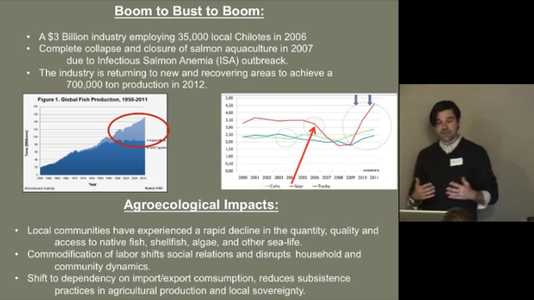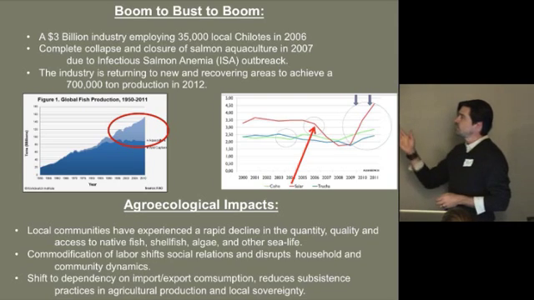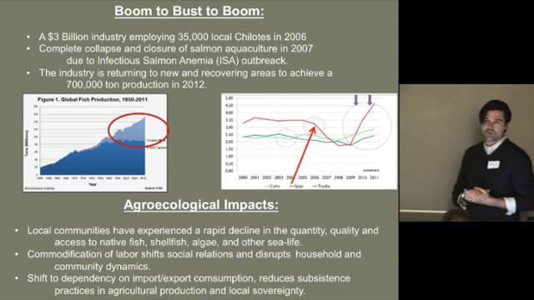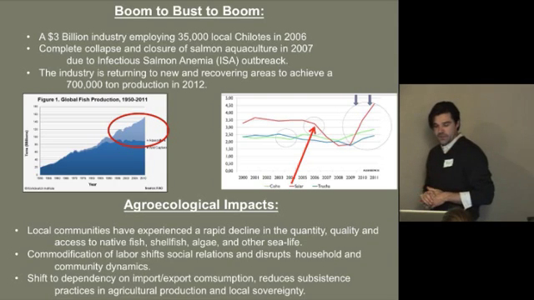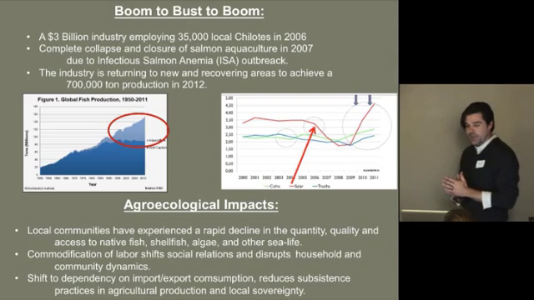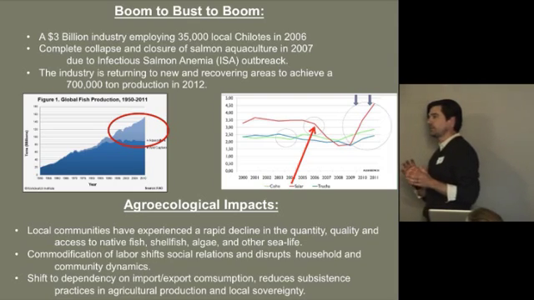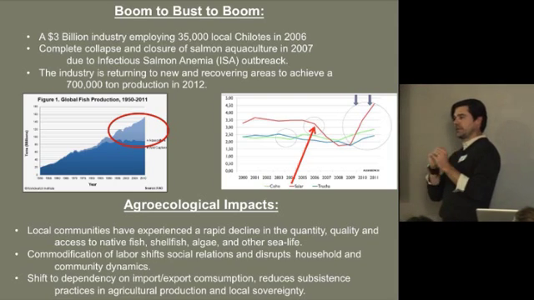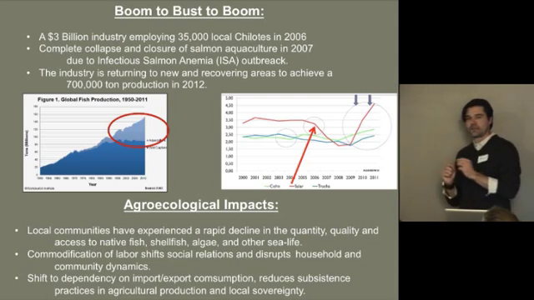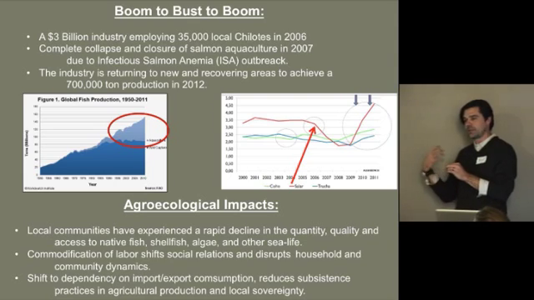Because it is a 700,000 ton industry in a given year, and it's moved back up to about that, they estimate, for this 2012 year that I have statistics for. But it's an issue that, as you see on the bottom, didn't just affect the ocean. It actually had very direct effects on this agroecological system, specifically through the labor relationships, shifting the human piece in this very unique system of potato cultivation, but also the other species.